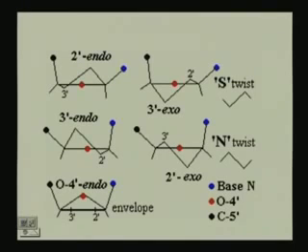So, this is 1, 2, 3, 4 and 5. These are the 5 atoms that we have connected to form the 5-membered ring. This is the 5' carbon atom that is usually attached to the phosphate. See, this is what we are looking at.